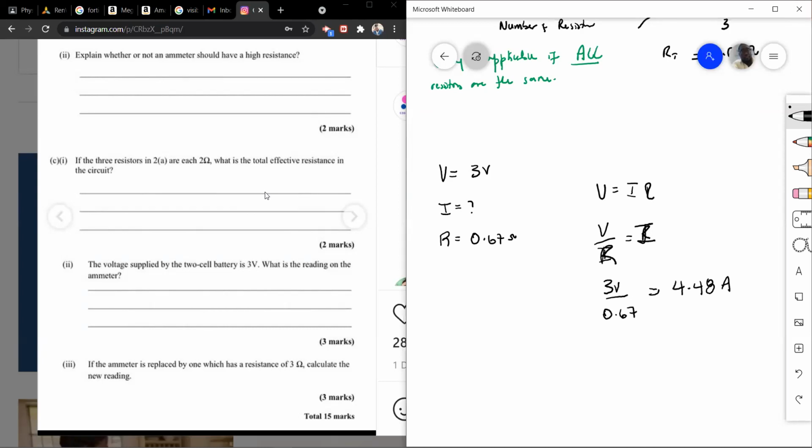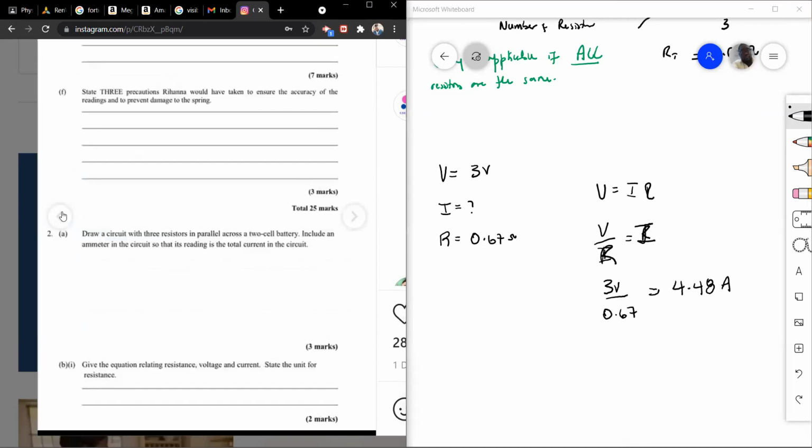All right, so this should now say, if the ammeter was replaced by a resistor of 3 ohms, something like that. Sure, that makes sense. Seriously, what did the first ammeter measure then? They never really gave a value there.